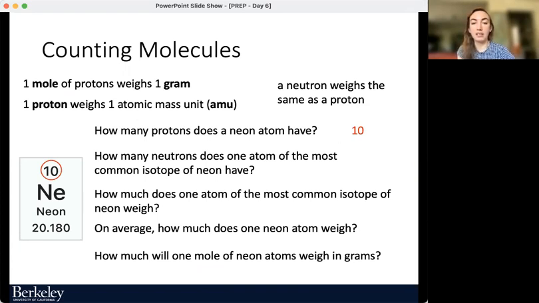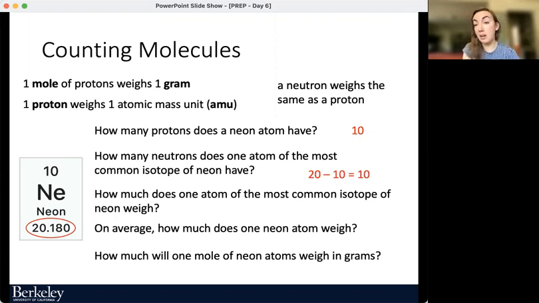So we talked about isotopes, I think on day 4. I don't know, all the days have run together. The average atomic mass of all of the isotopes, based on how many of each isotope exist in the world, is 20.18.